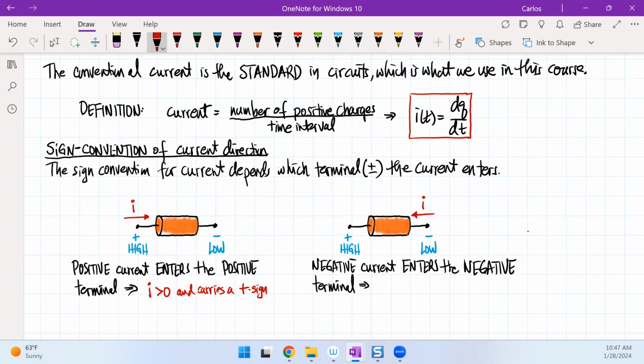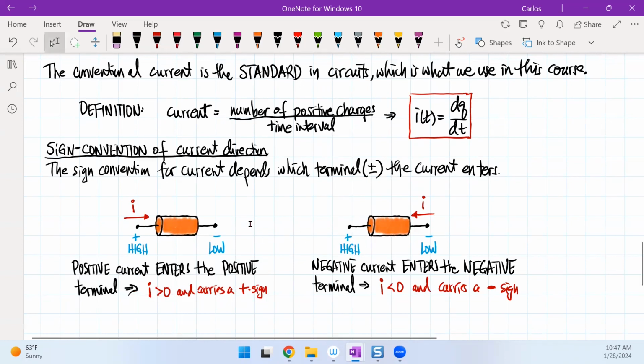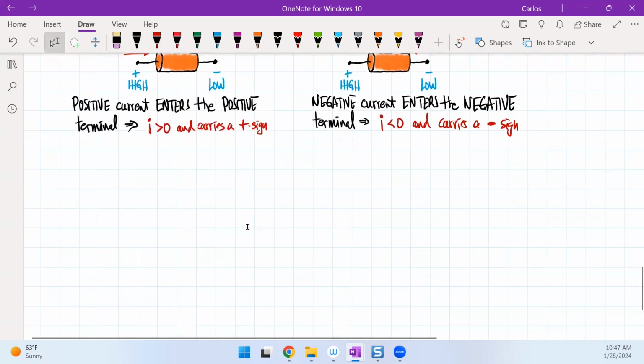So then that tells us here that the current is now negative and carries a negative sign. So now we got the sign convention here.